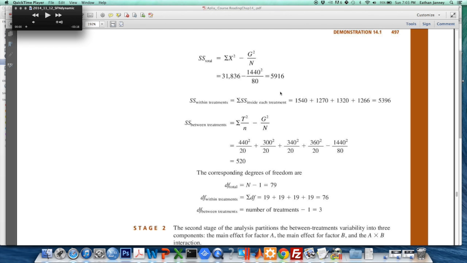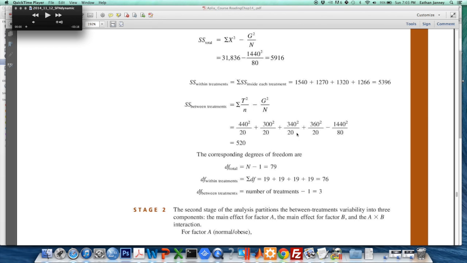Within treatment sum of squares, just as I was mentioning before, we can take the sum of squares within each treatment, which is listed in that table, and add those together. This is a step kind of like we would take when we're calculating pooled variance. And finally, if we want to calculate the sum of squares between treatments, we use this equation, the sum of T squared over n minus G squared over N.